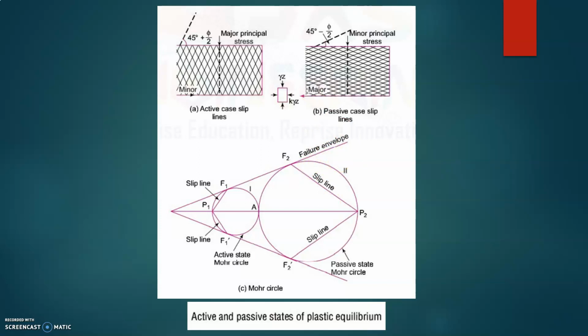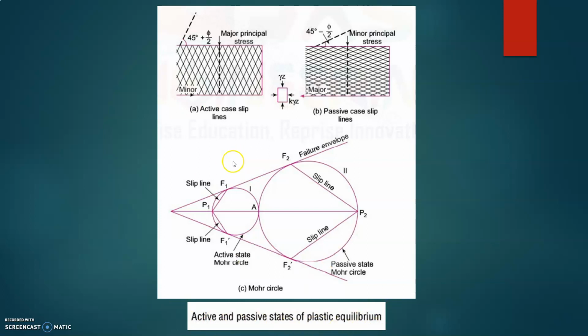Circle 2 corresponds to the passive state, in which the pole P2 corresponds to the major principal stress, and the circle touches the failure envelope at F2 and F2 dash. Hence P2F2 and P2F2 dash are the directions of slip lines corresponding to the passive state. This is about the active and passive states of plastic equilibrium.